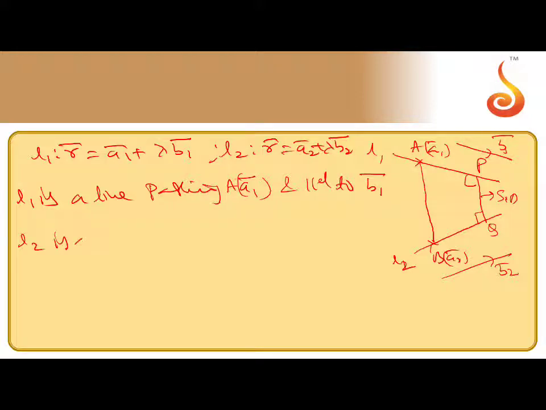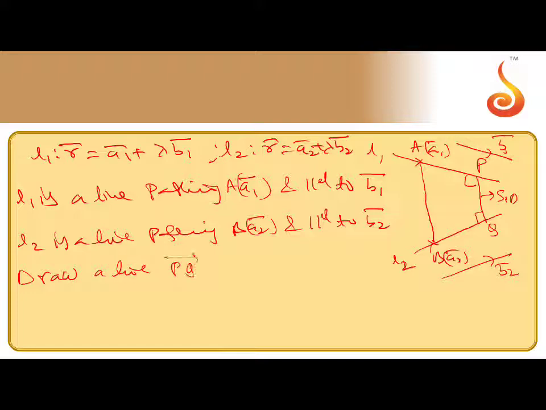Next, L2 is a line passing through A2 and parallel to vector b2 bar. Now you can draw a line PQ which is perpendicular to both L1 and L2 lines.